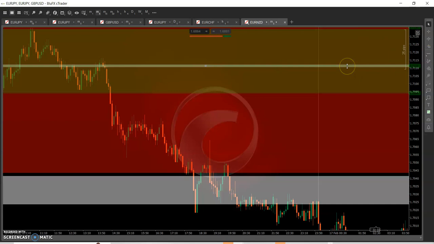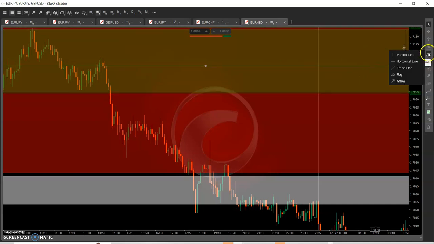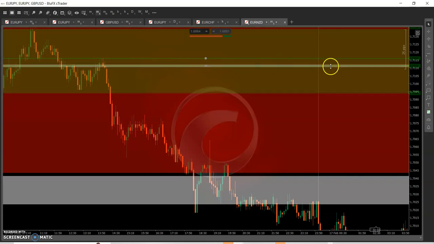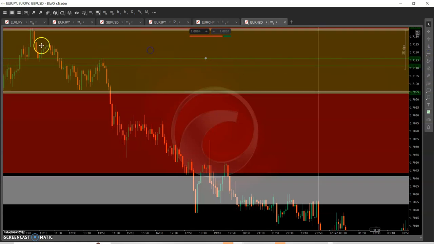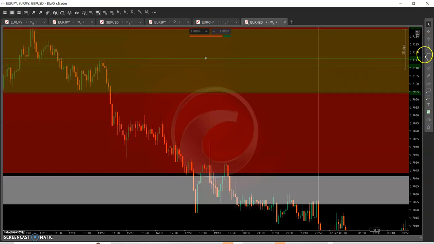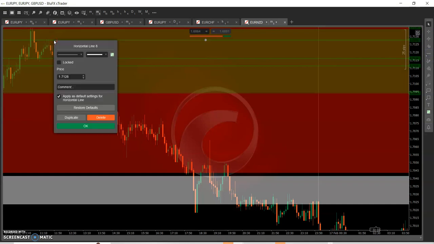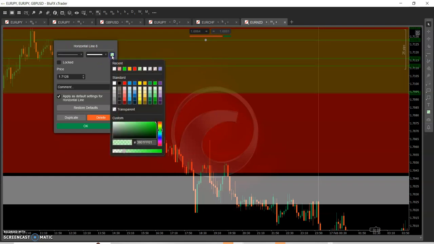We can use that as our entry and then use the same stop loss, or we can use this as a tight stop loss, right? Or we can use this high as a stop loss. So change the color to white.